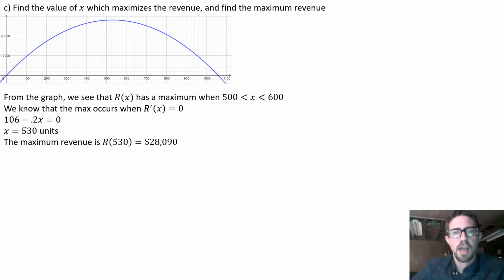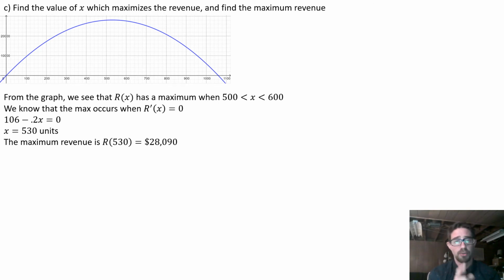And then I'm always going to ask you for the other coordinate of the max. So remember, 530, if I ask you for the maximum revenue or the local max of a function in general, 530 isn't that. 530 is where that happens. So you first find that by setting the derivative equal to 0 and solving it, but I'm always going to want you to plug that back in.